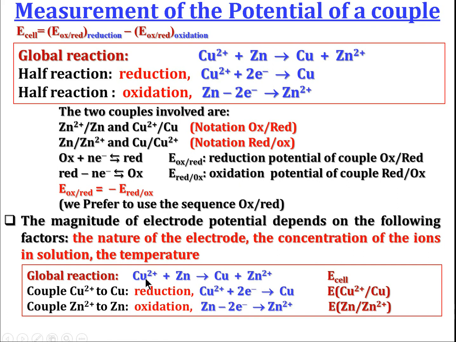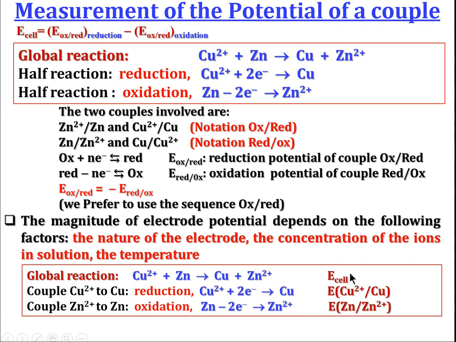For the global reaction Cu2+ plus zinc gives Cu plus Zn2+, divided into two half equations: in the first we start with the ox, so we put E ox/red. In the second we start with the red, so we put E red/ox.